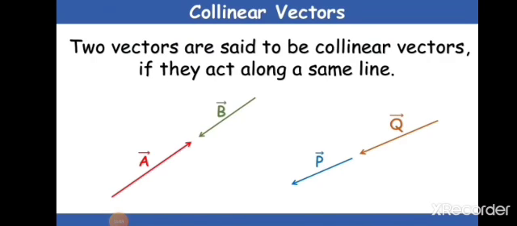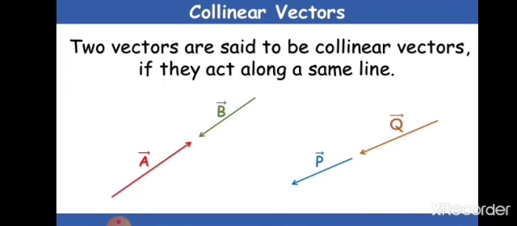Next, collinear vectors. Two vectors are said to be collinear vectors if they act along the same line. Vectors having equal or unequal magnitude but drawn along the same line are called collinear vectors. Collinear means they should be in the same line.